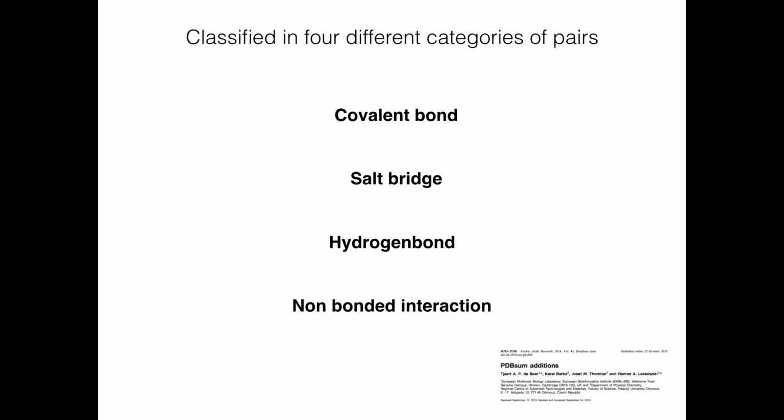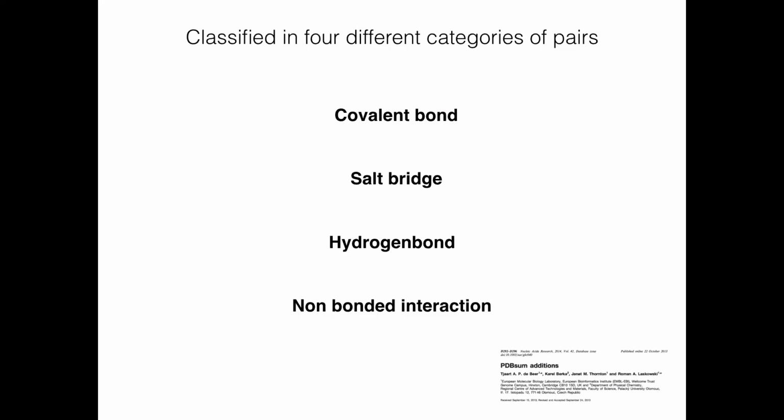Covalent bonds and salt bridges, hydrogen bonds, and non-bonded interactions. These 4 different types have all been classified and are in this database called PDBsum, which makes a summary of each single PDB file.